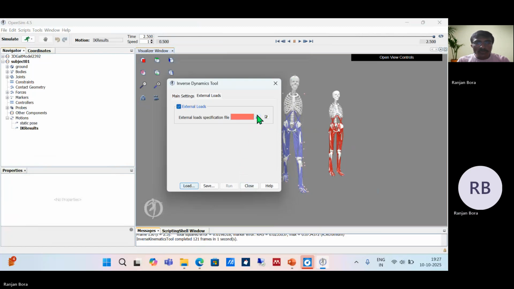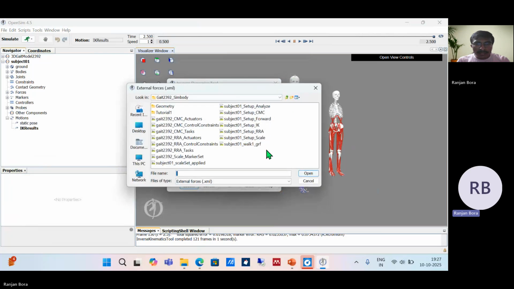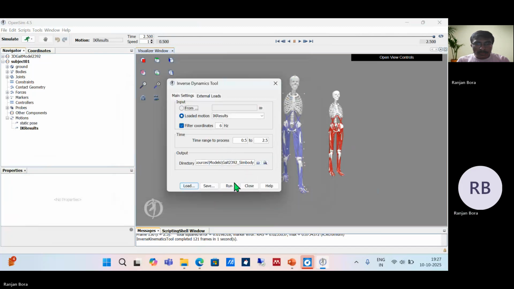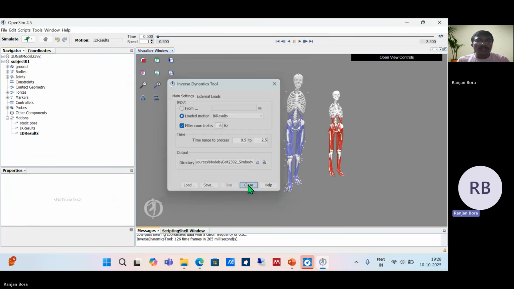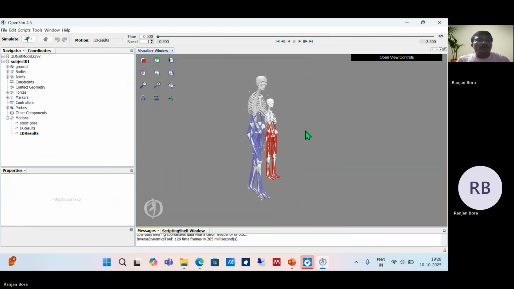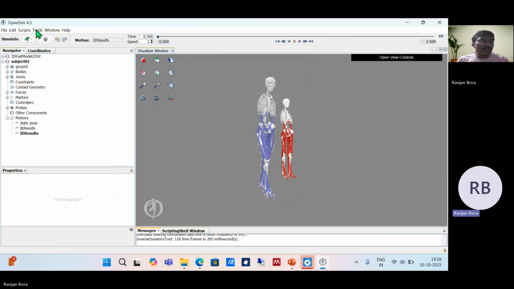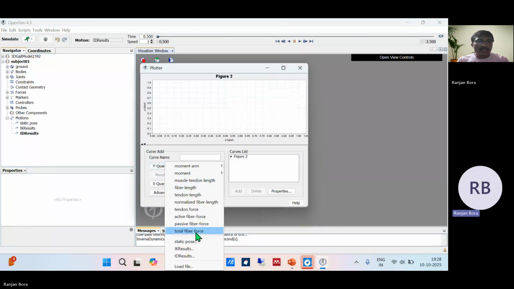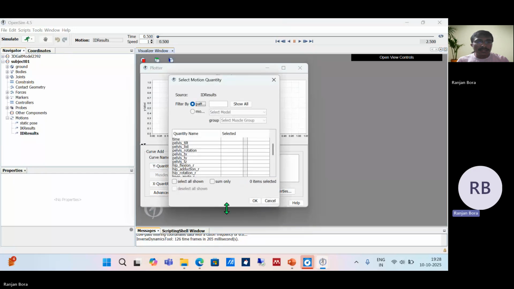So I will import that file, this subject01_walk1_GRF XML file. I will run this. Done. Okay, so now we can plot the joint moments. We can plot the Y quantity, ID results.